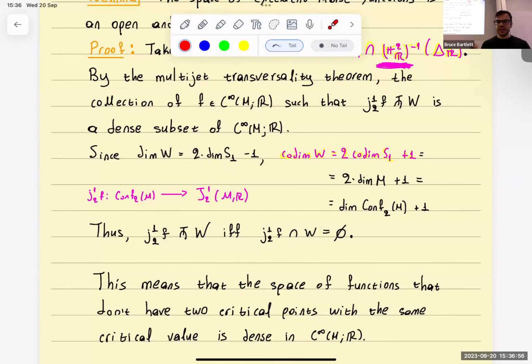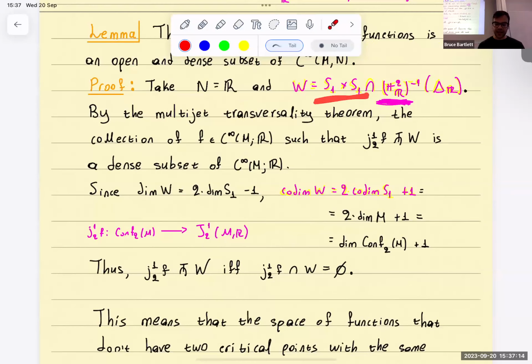If you unwind the definitions, and I should have done that, sorry about this, you should think about what it means for J12F to intersect W at all. Leave transversality out of the picture. What does it mean for J12F to intersect W if W is defined like that?